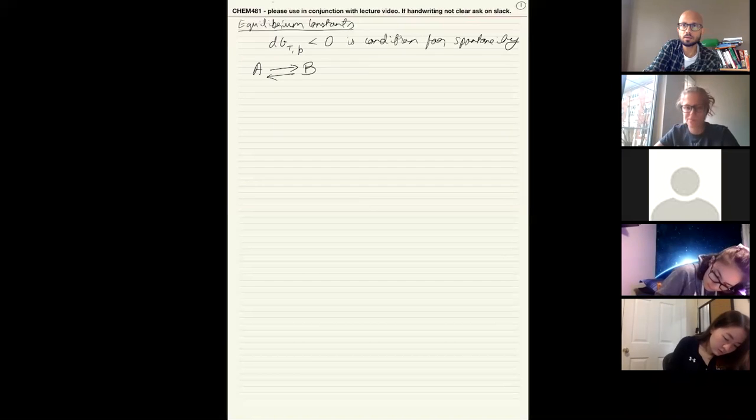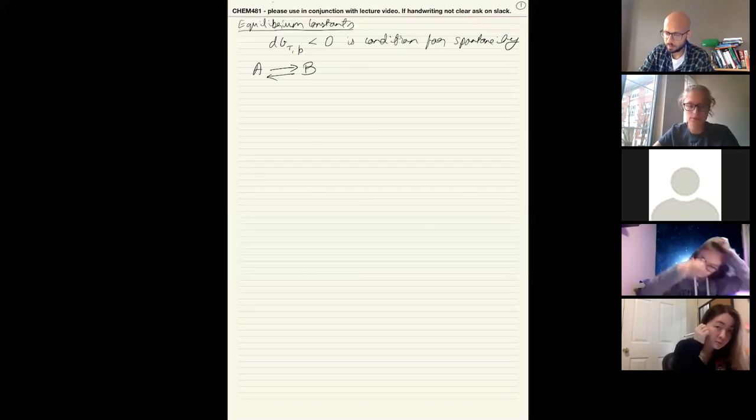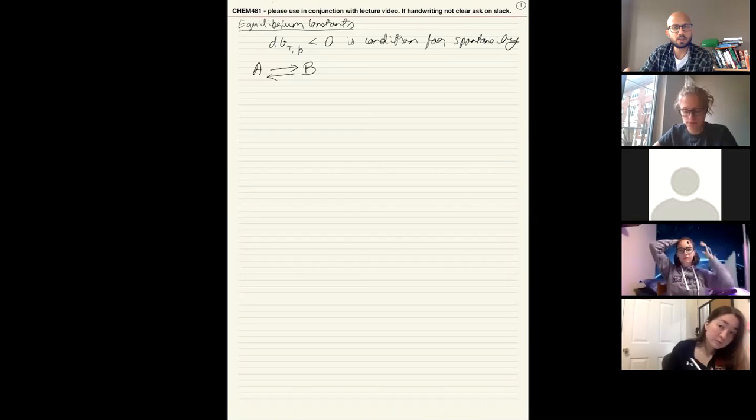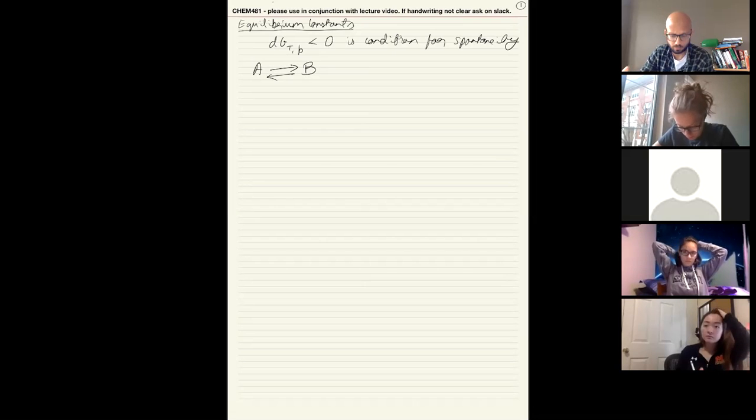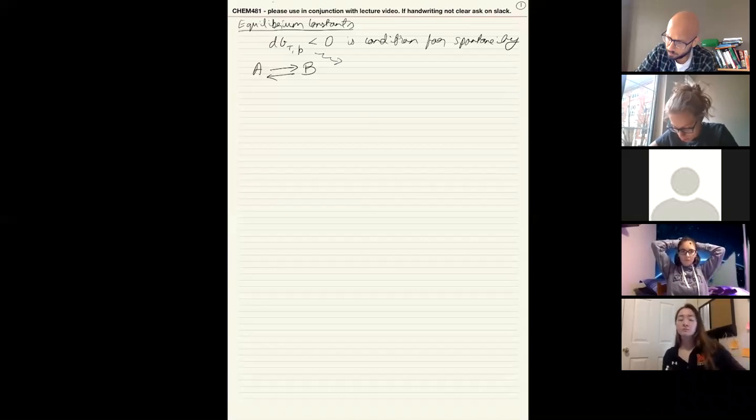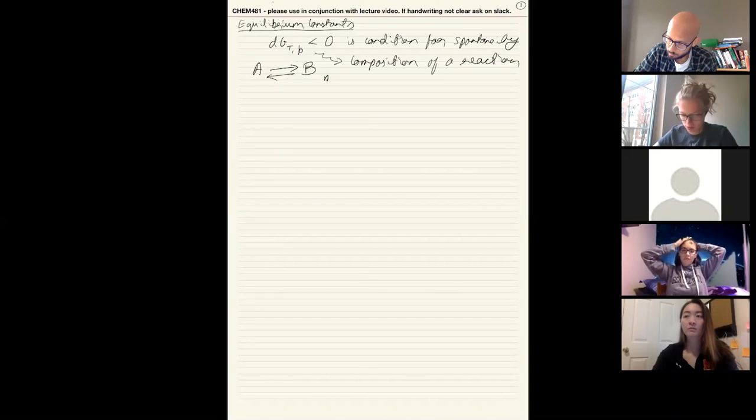In this case, we want to figure out the composition of the reaction, that at equilibrium, how much of A will we have, how much of B will we have. So we will re-express this statement as: the composition of a reaction mixture changes at constant T and P until G is minimized.